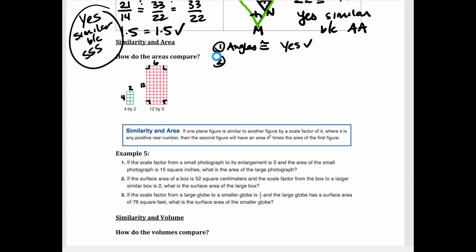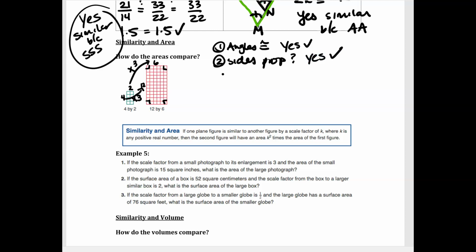Okay, and are the sides proportional? Well, 2 goes with 6, so 2 times 3 is 6, and 4 goes with 12. 4 times 3 is 12, so since we're multiplying both by 3, same scale factor in both cases, we're going to say yes, the sides are proportional.